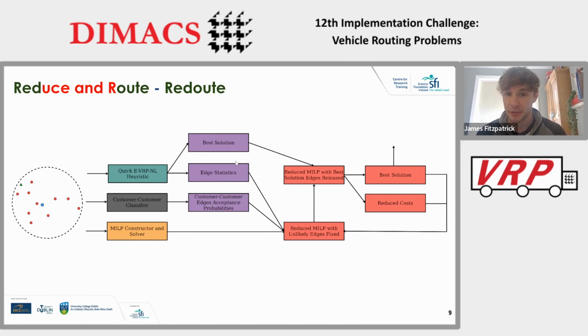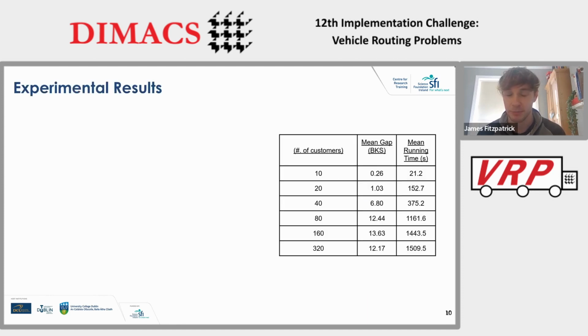So these purple boxes are supposed to represent static operations, so these inputs never change, but the red boxes are things that will be continuously updated until we reach some stopping criterion, and we output the best solution then. We use the best solution that we found with the MILP solver to continuously update the edges that are involved to maintain feasibility, and also use the reduced cost to give us a signal about which variables we should be removing or accepting again into our next reduction problem.